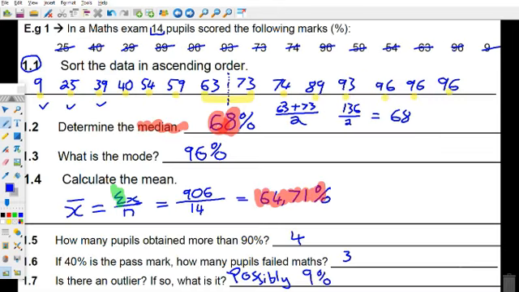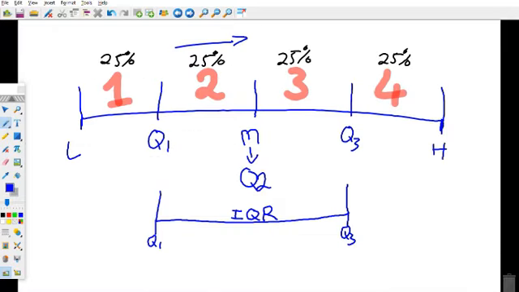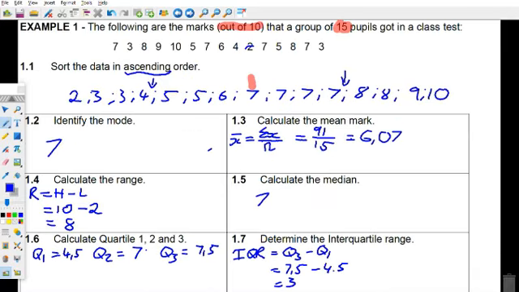Okay, so when we're looking at this, we have to find measures of dispersion. Here's where we were going wrong yesterday. We were showing you here that when we found the Q2 value, our Q2 is known as what? Another name for Q2.